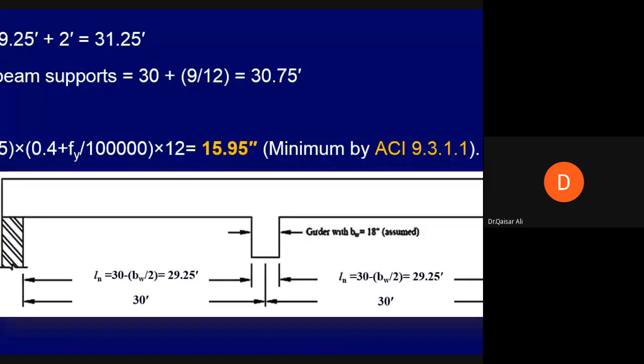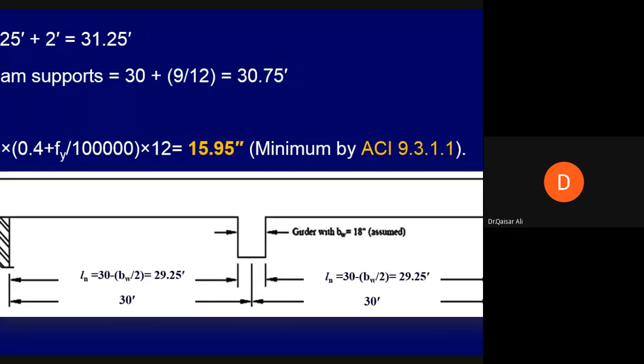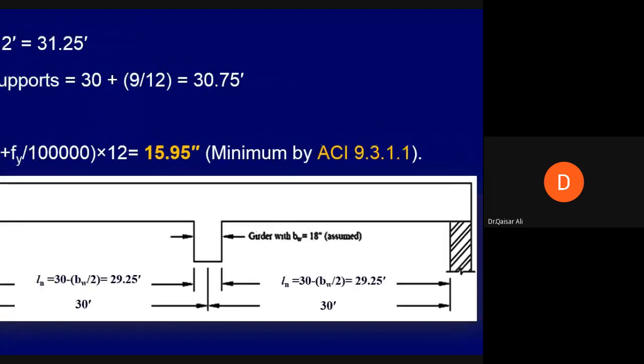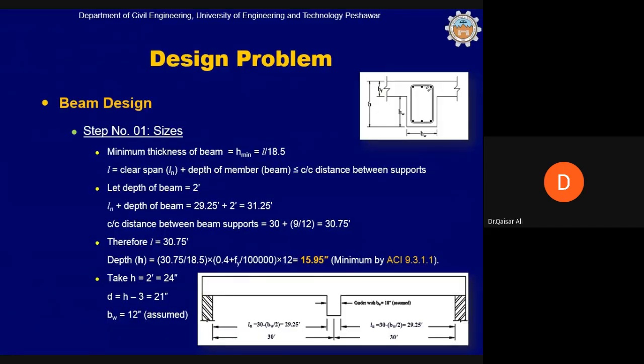The clear length we can calculate now by deducting 9-inch, which is half the girder width. 30 minus 9-inch is 29.25, and 30 minus 9-inch is 29.25. So the clear span length of the beam is 29.25 feet. Every span is 29.25 feet. We will design a 29.25 feet beam instead of designing a 30 feet beam now.